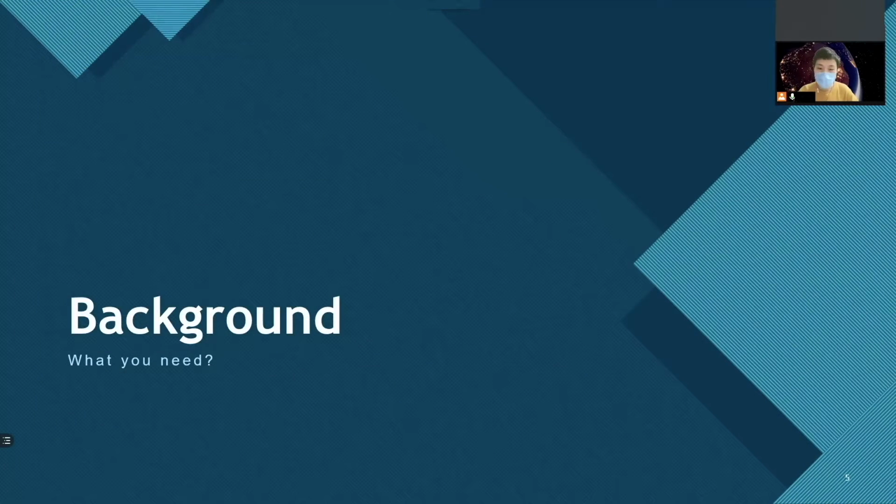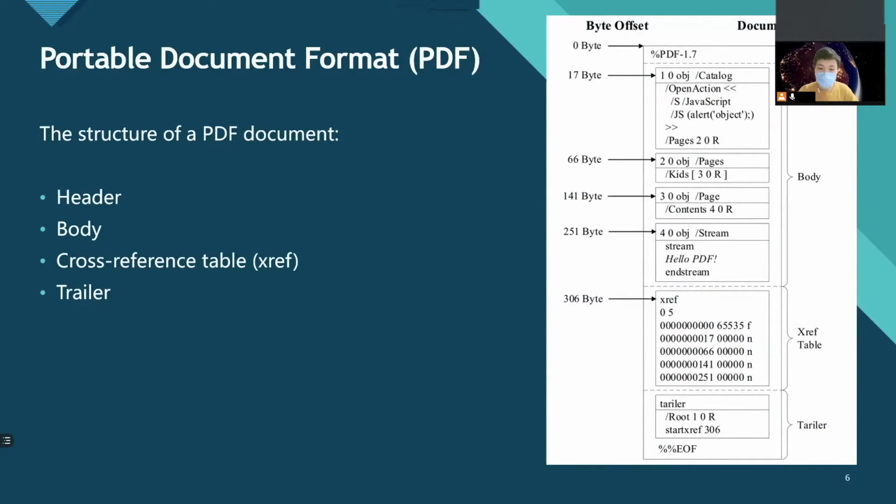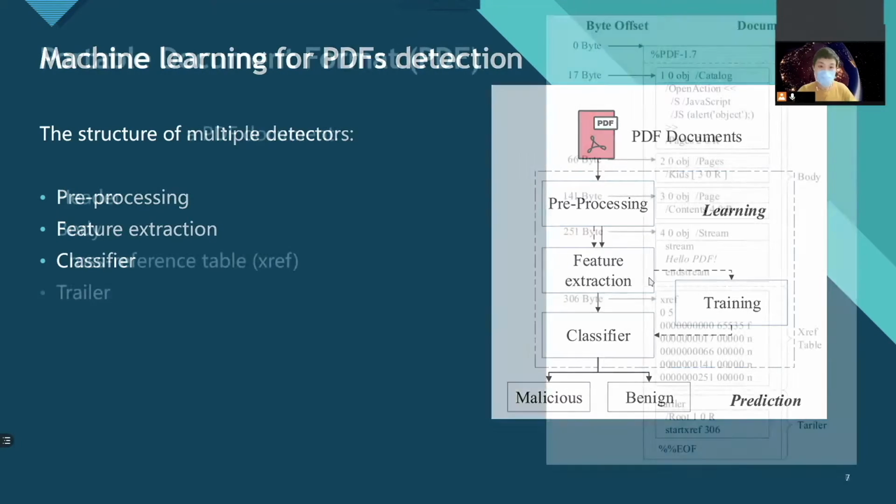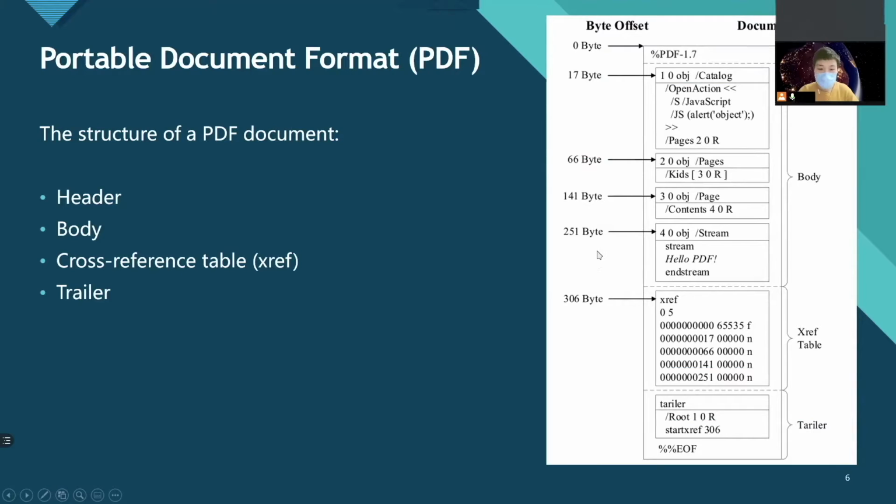Next, I will introduce a little background of the research and the knowledge needed. Let's start with a quick look at the basic concepts of portable document format, PDF. The structure of a PDF document consists of 4 parts: header, body, cross-reference table, and trailer.